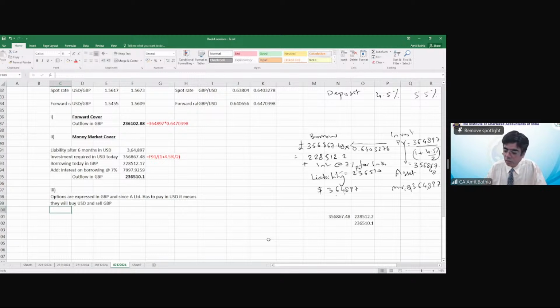Am I right? Yes, sir. Okay. Thus, A Limited will need a call option or put option? Put option. The brackets, this is basically for your reference, sell GBP, right?